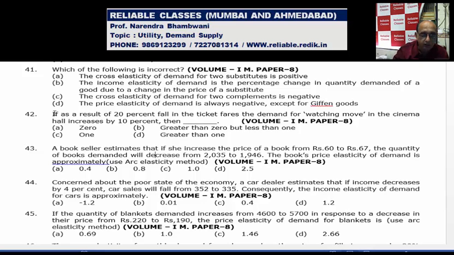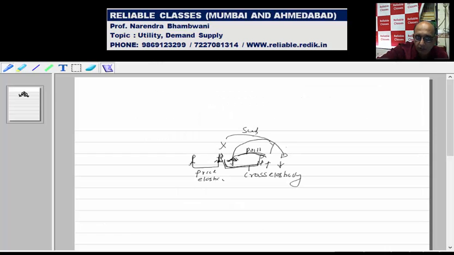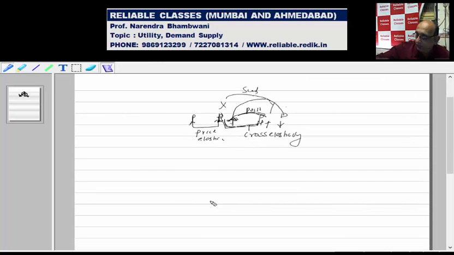A bookseller estimates that if she increases the price of books from 60 to 67, the quantity demanded will decrease from 2034 to 1946. The book price elasticity of demand is approximately? Use arc elasticity method. Very good, they have given arc elasticity price and demand.